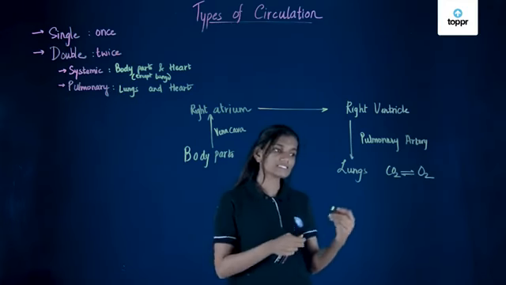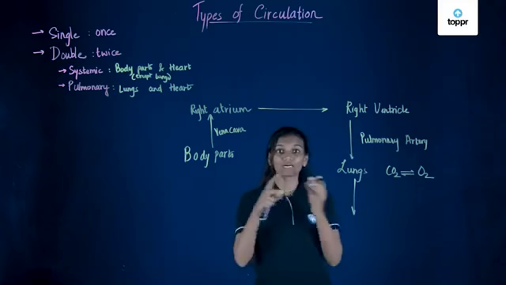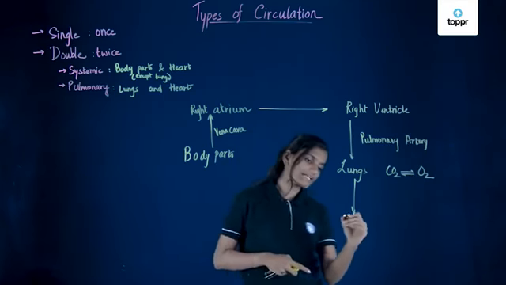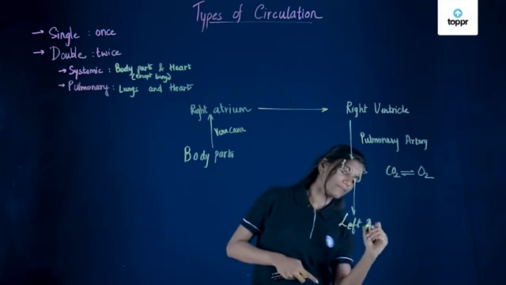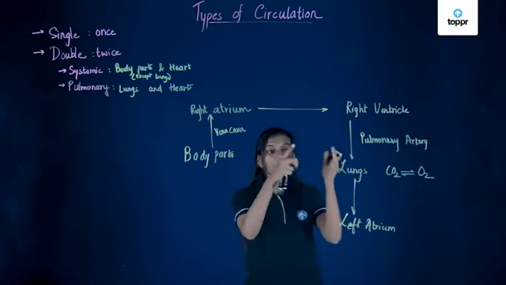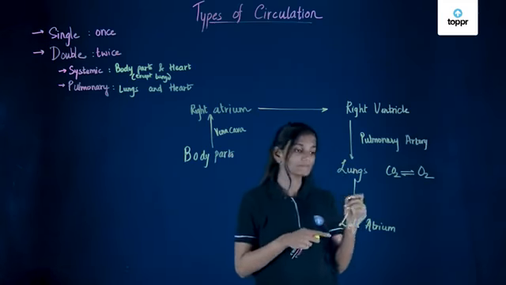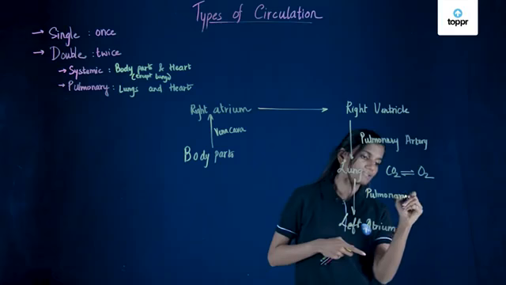So from the lungs, after you get the pure blood, it needs to go back to the heart, right? And that goes to the left atrium. And what are the blood vessels that take the pure blood from lungs to the left atrium? Those are the pulmonary veins.